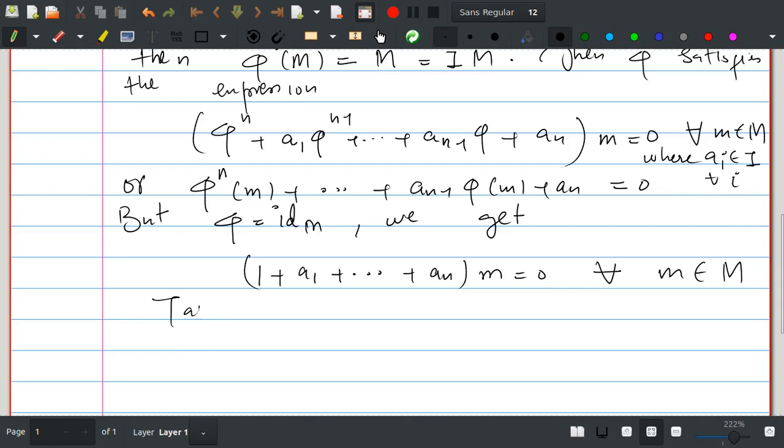So take x to be equal to 1 plus a1 plus so on plus an.